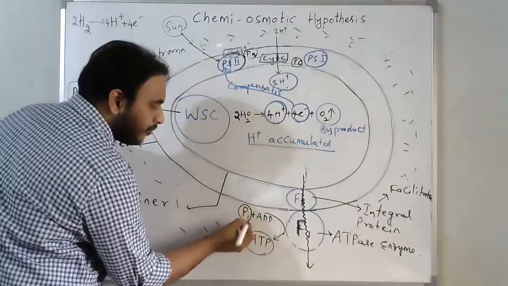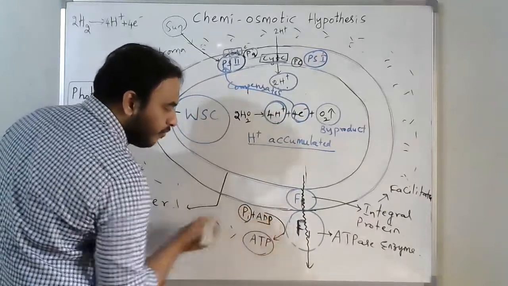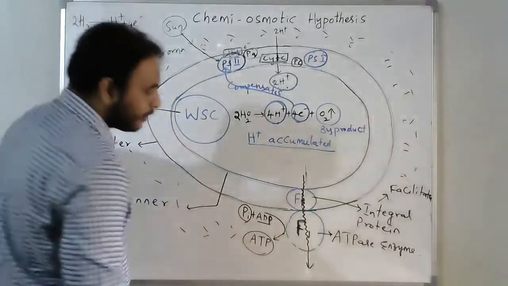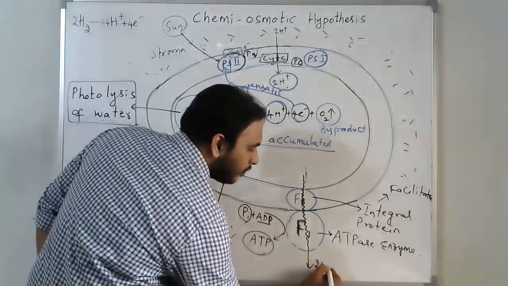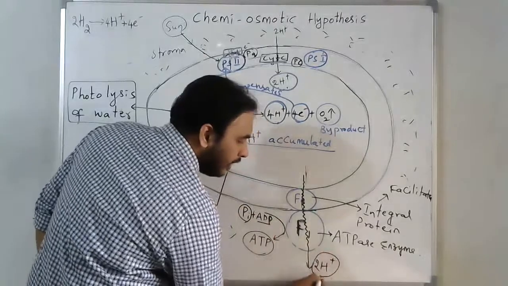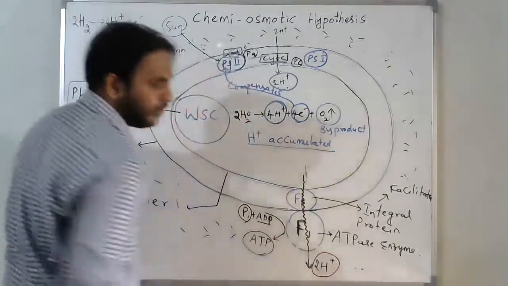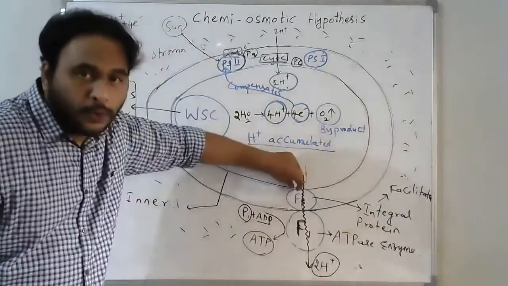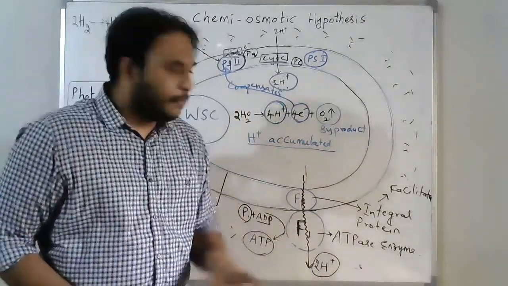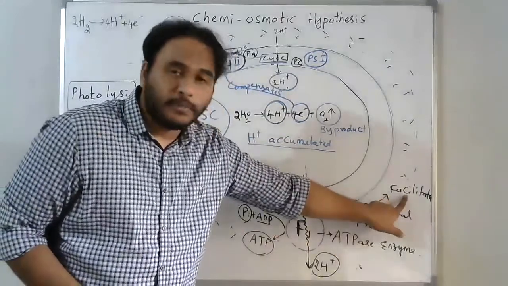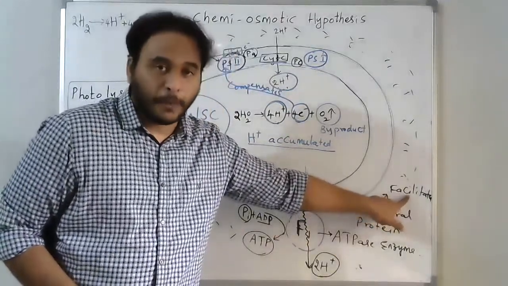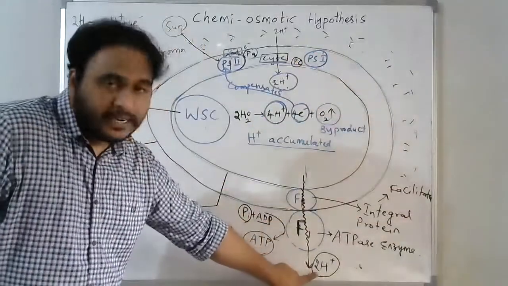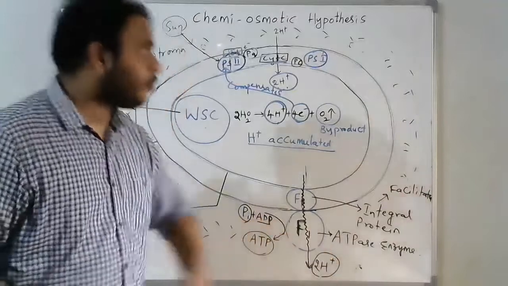So ATP is one product, and as a result, the protons diffuse into the stroma. Coming to F0, energy is not required because the process it performs is facilitated diffusion of the protons. No energy is needed. So finally, the protons are diffused into the stroma.